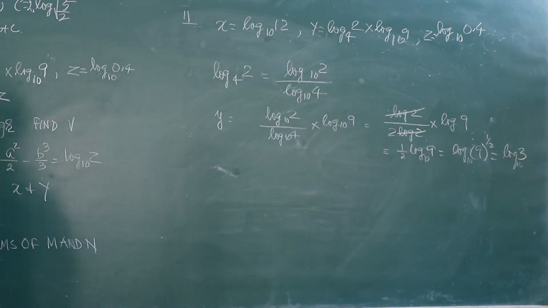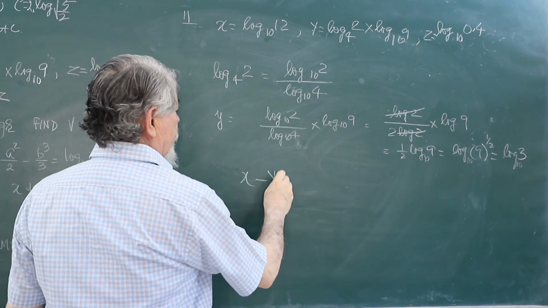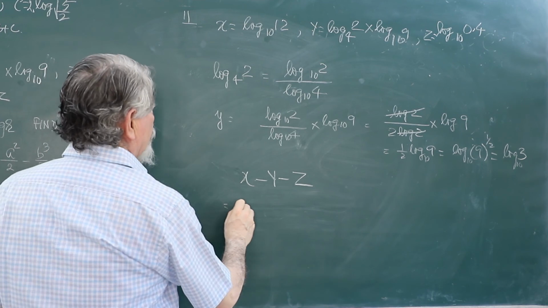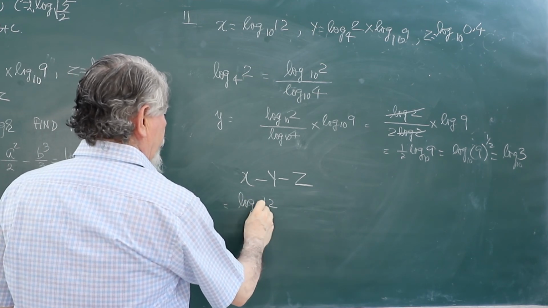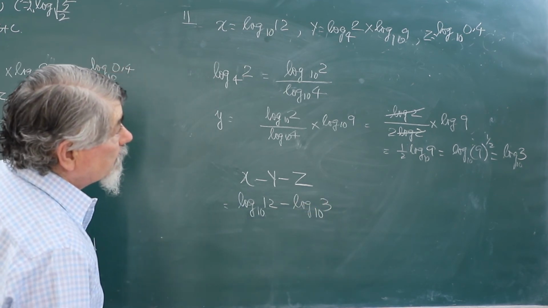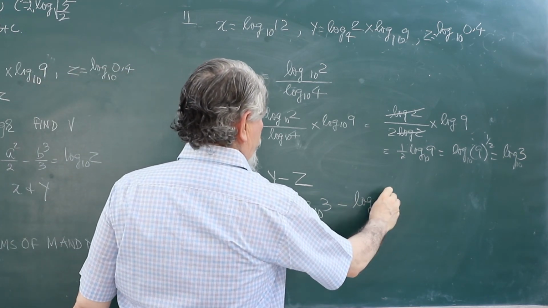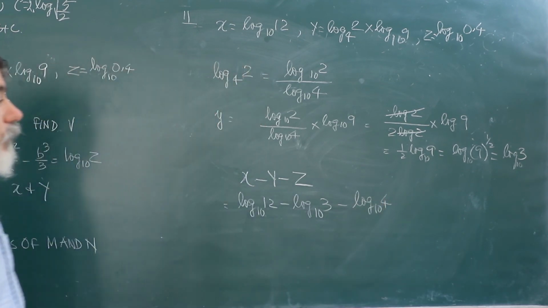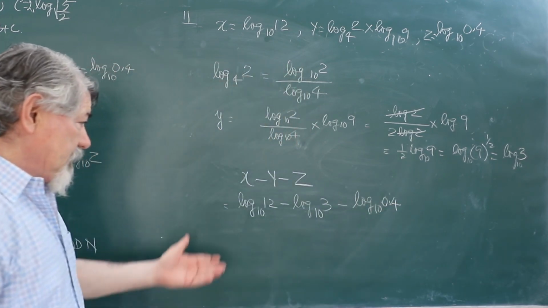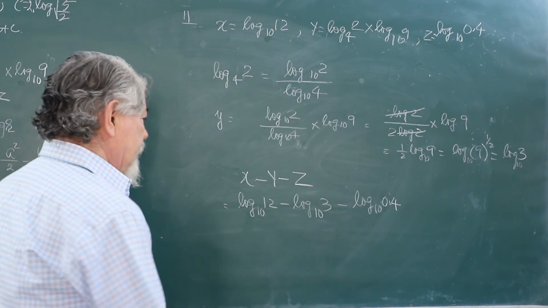So he wants you to find x minus y minus z. Let us substitute the values. X is log 12 to the base 10. Y I have calculated as log 3 to the base 10. And z is log 0.4 to the base 10. Now it is log 12 minus log 3 minus log 0.4, and these are minus, so they will come in the denominator, division.